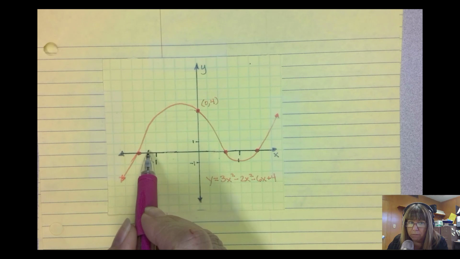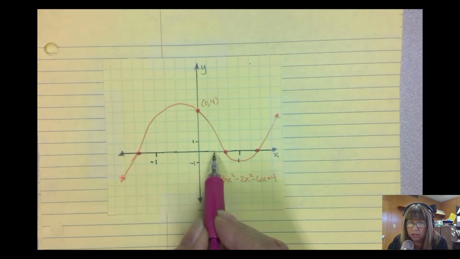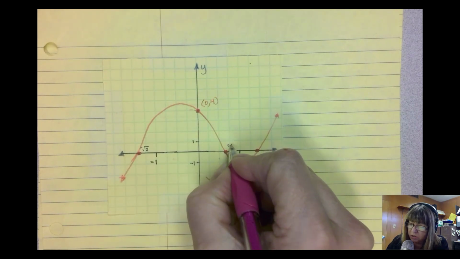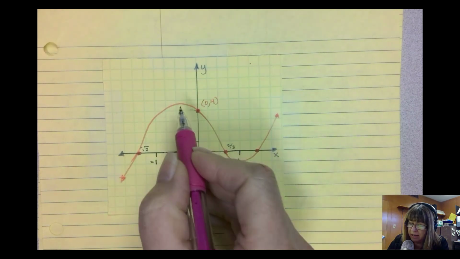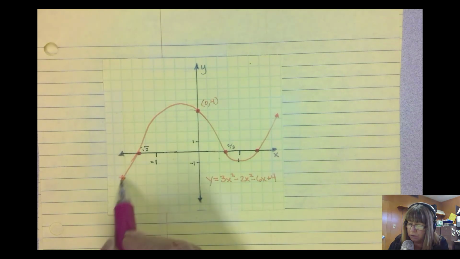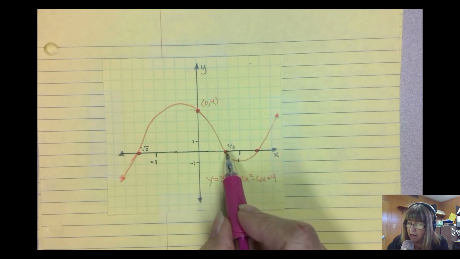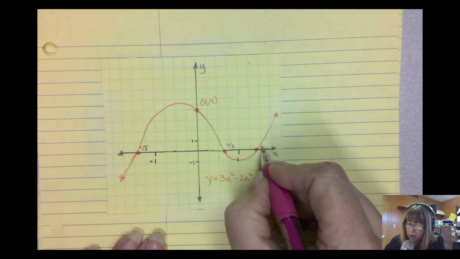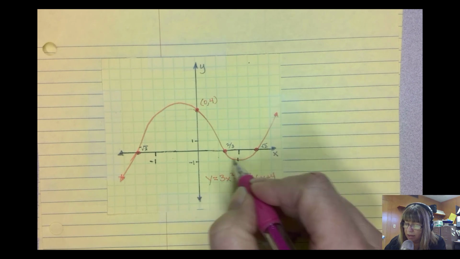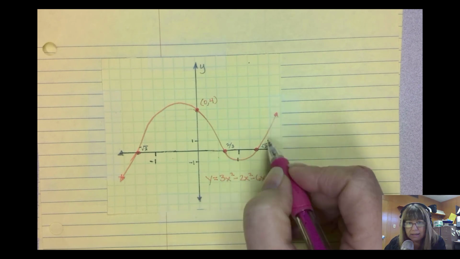I know that the region from the negative square root of 2 to 2/3 is above the axis. I know to the left of negative square root of 2 is below the axis. I know from 2/3 to positive square root of 2 is below the axis, and then it shoots off to infinity.